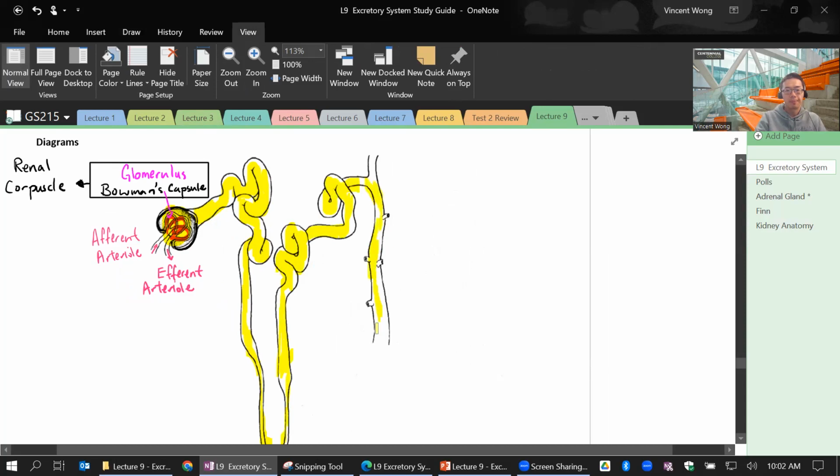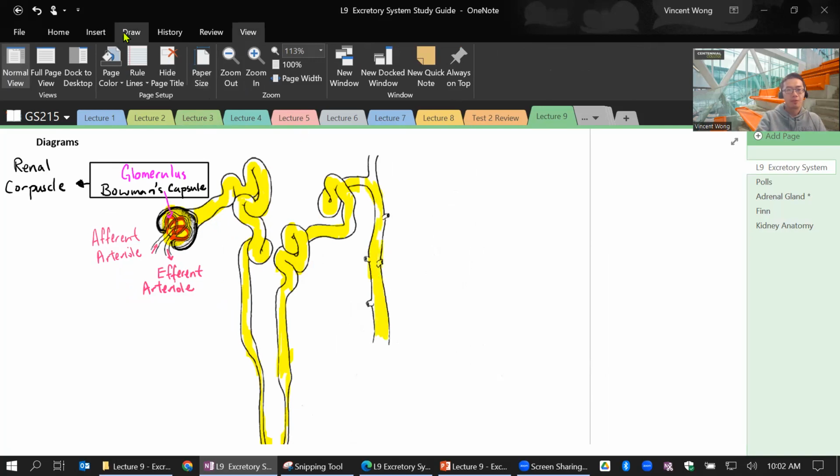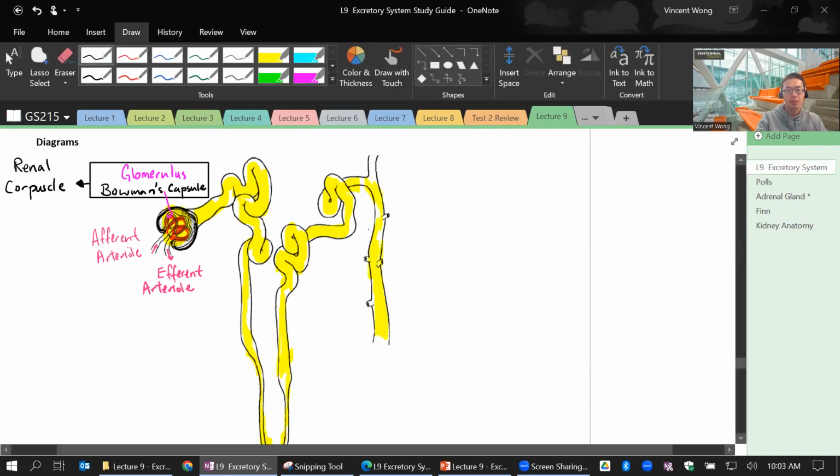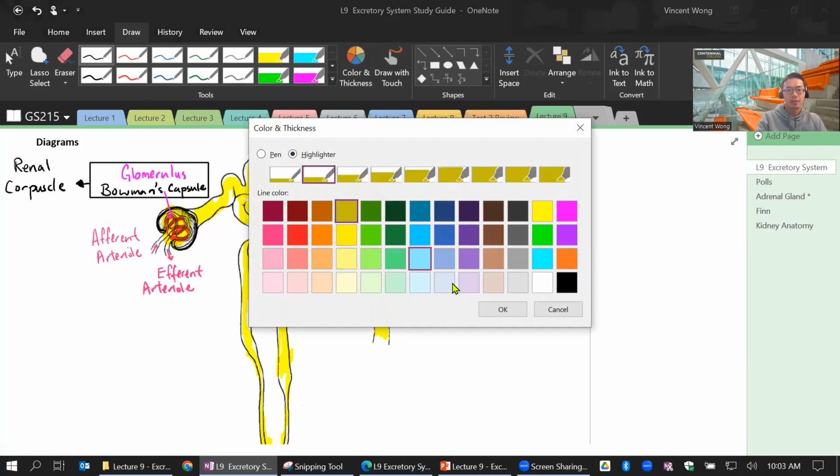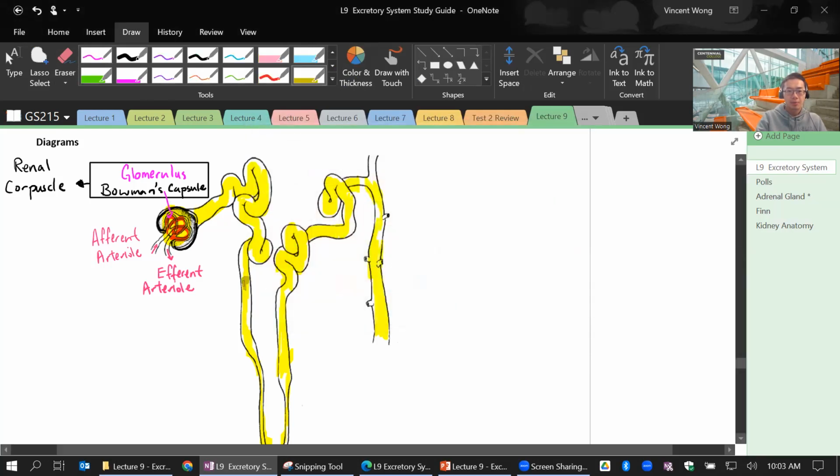Filtrate. The filtrate, that's correct. So all this yellow stuff, that's the filtrate in there. I'm not going to label it. Maybe I'll use a darker color here to separate the different portions.